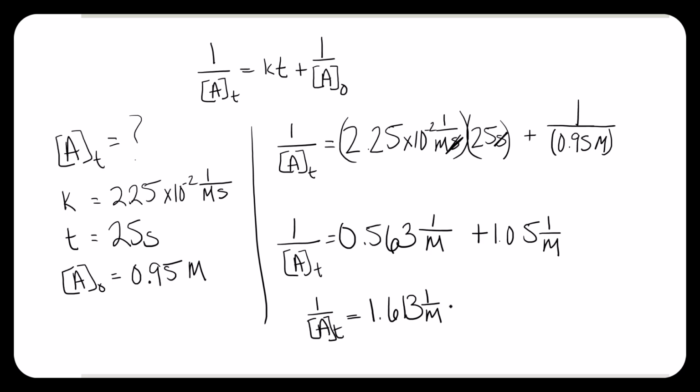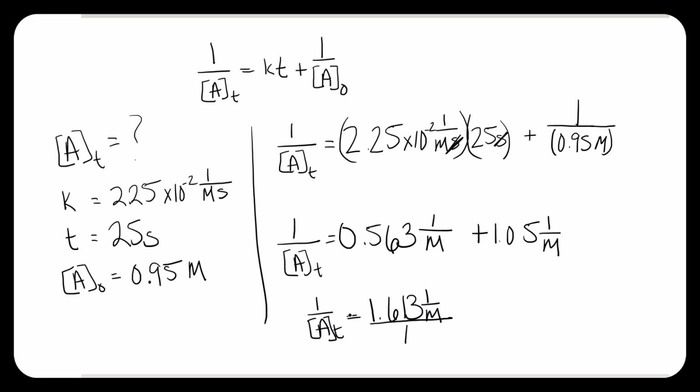Okay. That's not my answer. That is the inverse of the concentration of A. I don't want the inverse of the concentration of A. I want the concentration of A at that time. So what I'm going to do is multiply by the inverse. You could probably cross multiply. You could just simply flip it upside down. So whatever mathematical trick you use. So I just created a fraction on this side. So this is technically on the top of the fraction.